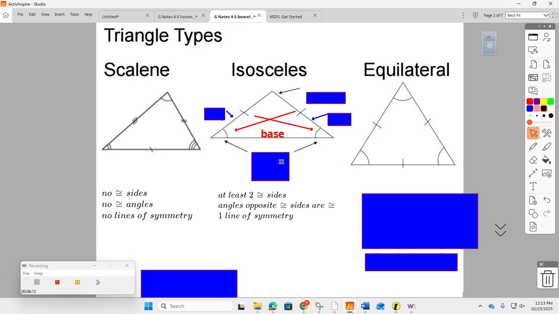Those angles are called base angles. The sides that are congruent, those are called legs. And that last angle up top, that's not one of the angles on the base, is the vertex angle.